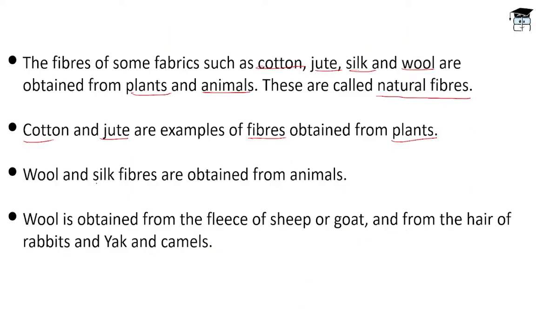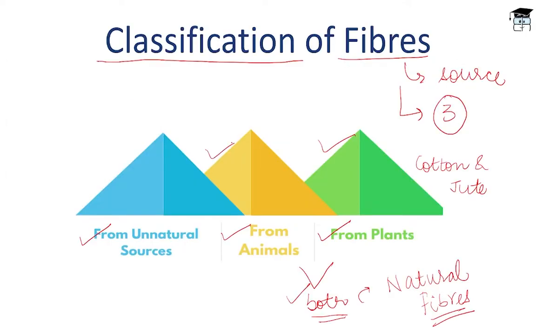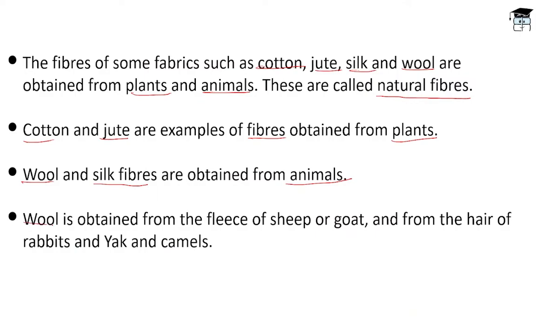Wool and silk fibers are obtained from animals. Now we have examples of this category also. Wool and silk. Right. Wool is obtained from the fleece of sheep or goat and from the hair of rabbits, yak and camels. Now we know the source, which is majorly animals, but from where?